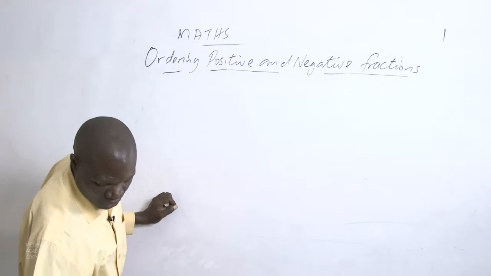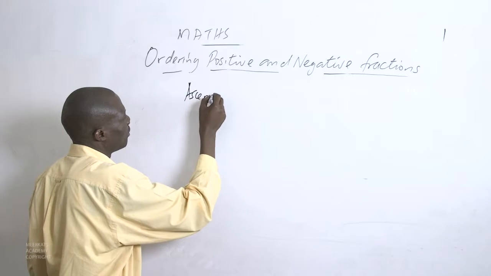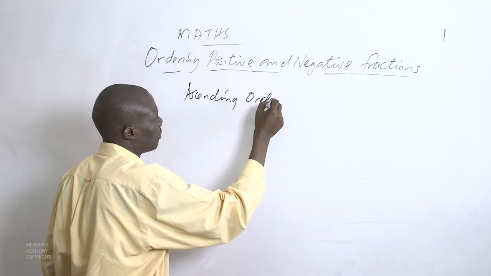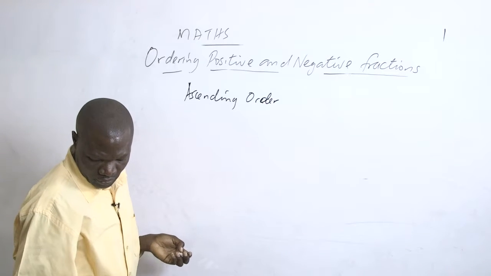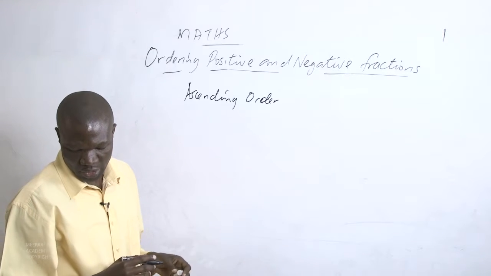Take note that we've said we have an ascending order. This is when numbers are ordered going up.